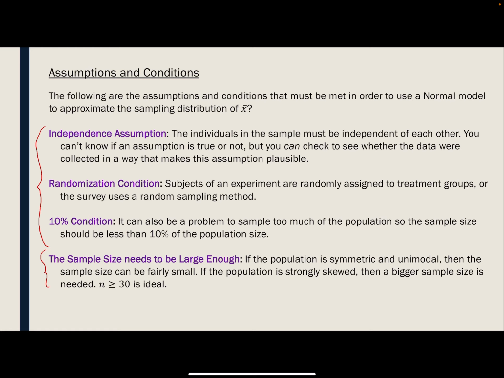So if the population distribution is normal, then the sample size can be anything really. But if the population distribution is skewed, then we need a sample size that's 30 or bigger. The biggest thing is normally you don't know what the population distribution looks like. So if you don't know, you have to assume that you need a sample size that's 30 or bigger.